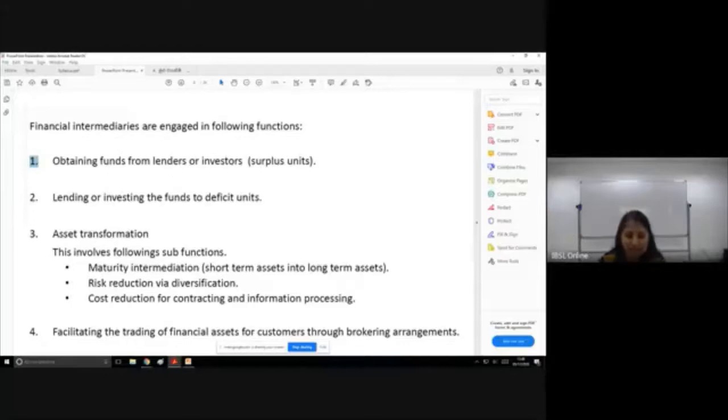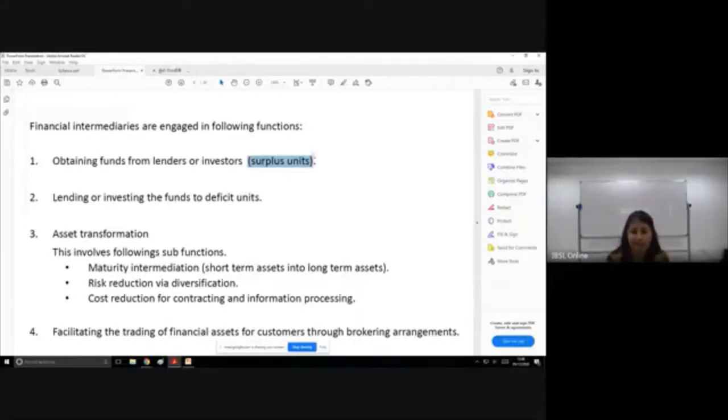from the lenders or investors. But remember, lender and the investor, they are commonly called the surplus unit. So for a financial intermediary, the main function is to collect the funds from the surplus unit. What is the next function? Very easy. You lend it to the deficit unit.